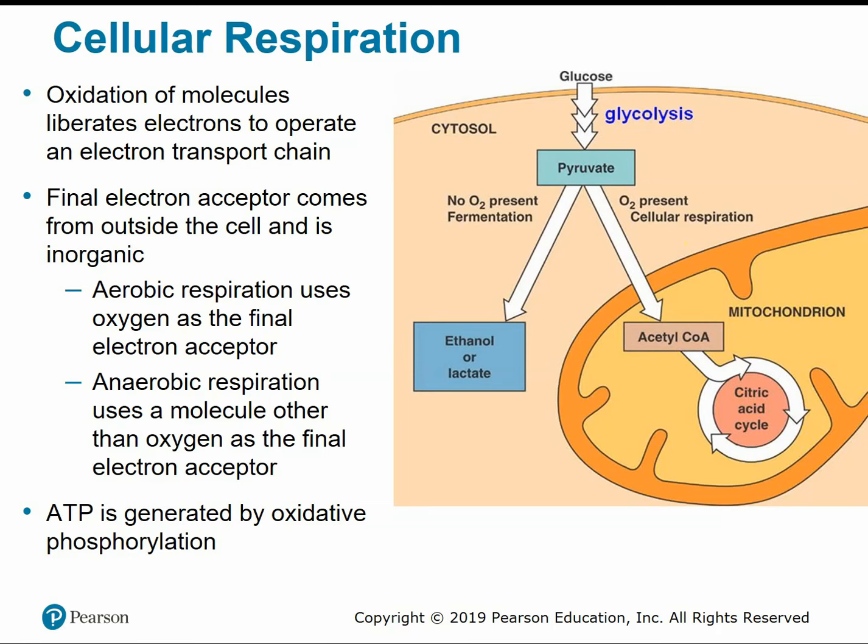So oxygen will bind to those depleted electrons and form a harmless waste product of water. Anaerobic respiration occurs without oxygen, so it has to use something other than oxygen for its final electron acceptor. The end result of oxidative phosphorylation is the production of ATP energy.